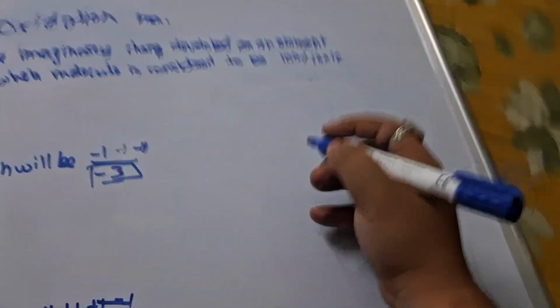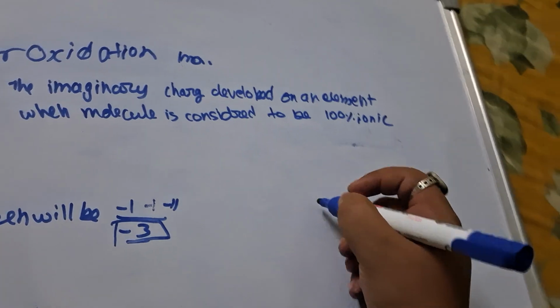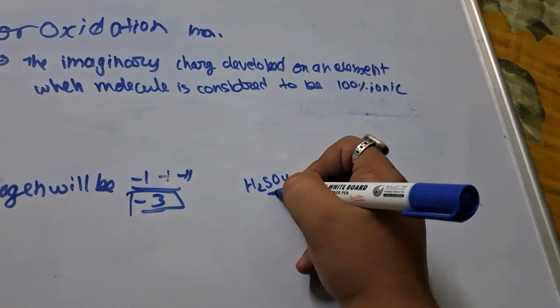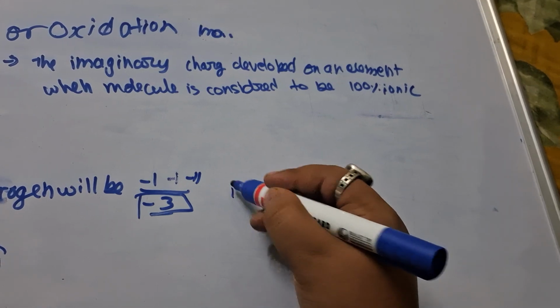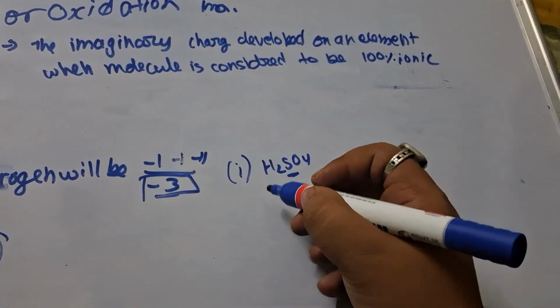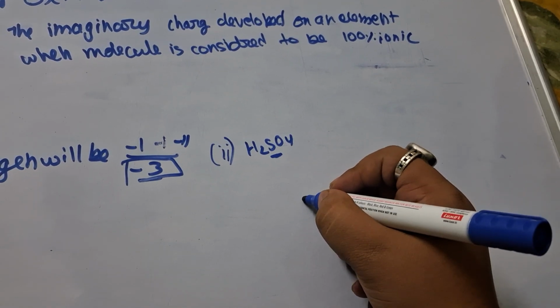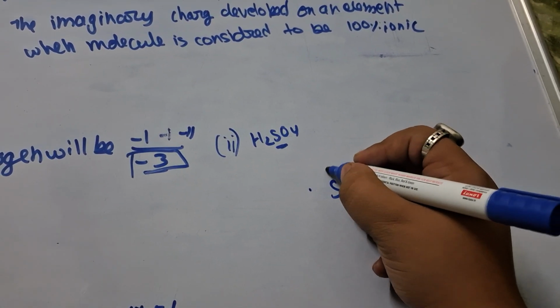Next, H2SO4. We have to find the oxidation state of S. The structure is as follows.